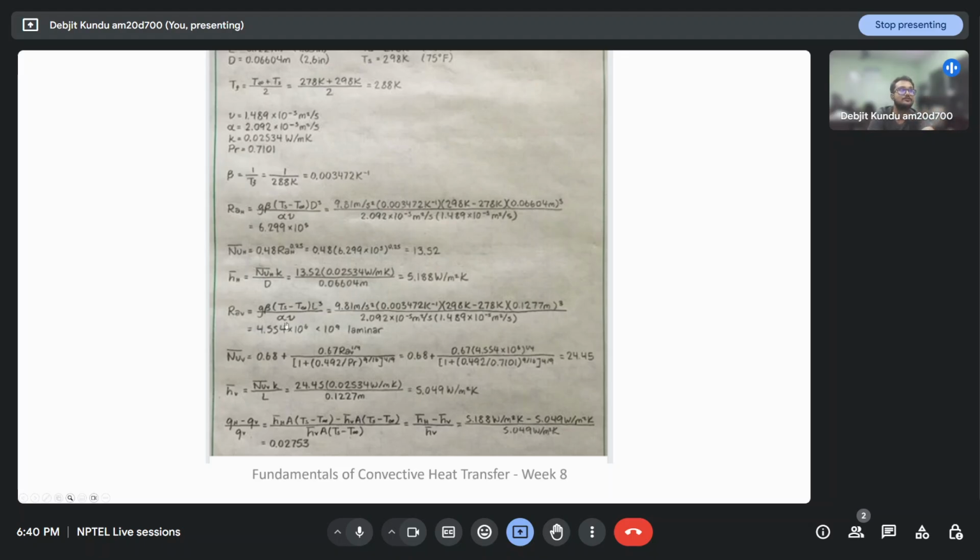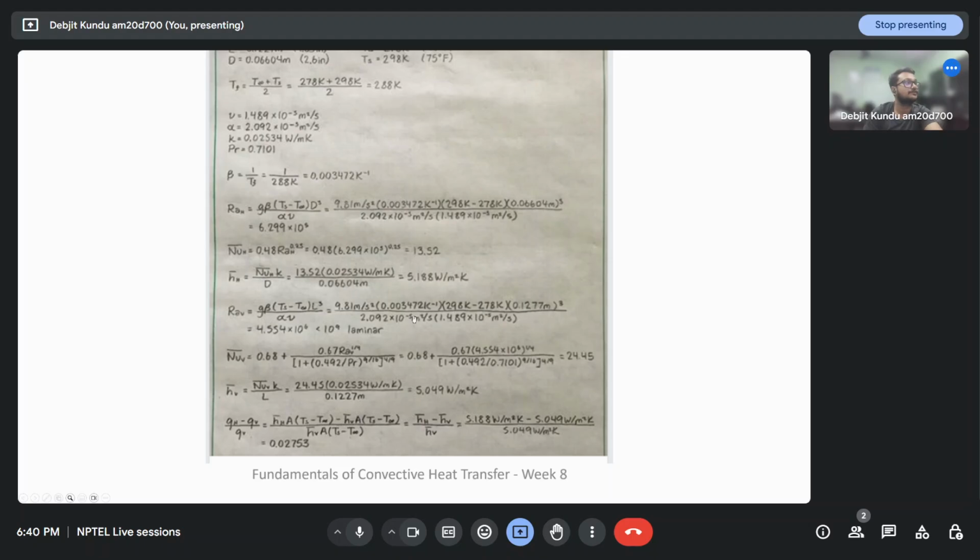Another source of difference is the Nusselt number itself, which relates to the Rayleigh number in a very different way. For a vertical cylinder, this is how the Nusselt number depends on the Rayleigh number, and you can find out the Nusselt number is 24 in this case, and you can find out the heat transfer coefficient in this case as well.